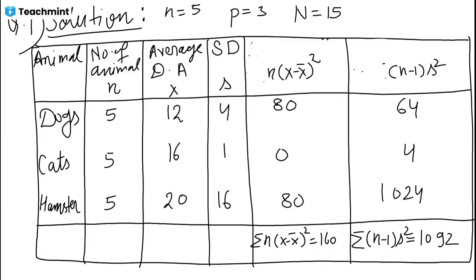So SSE is... Oh, my mistake. This is 2 and 1 and 4. My mistake, sorry.